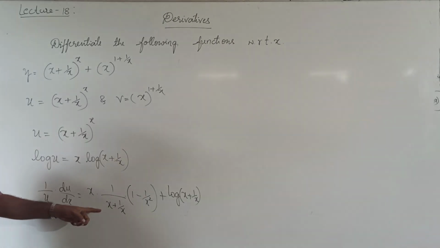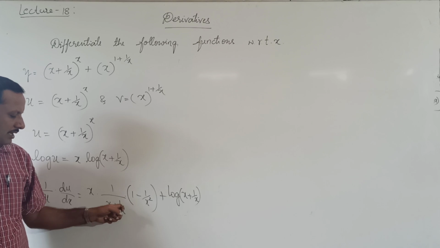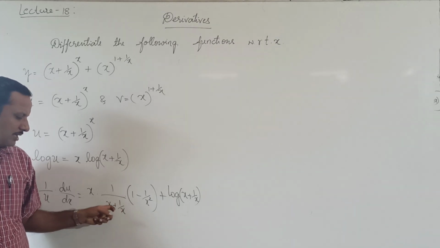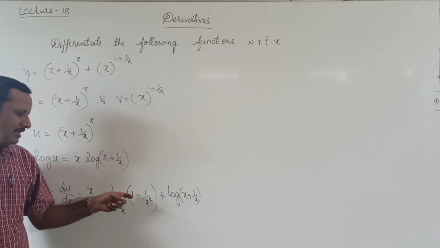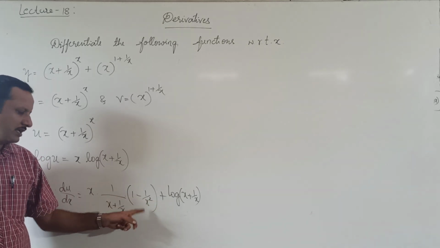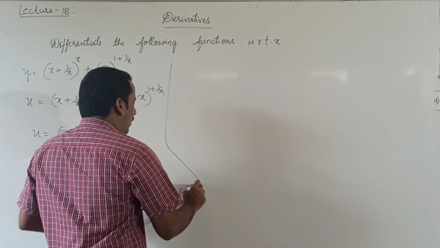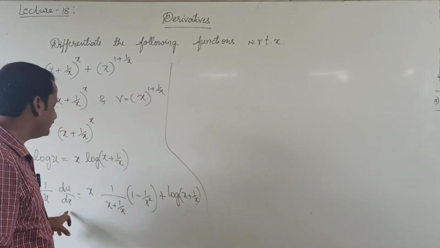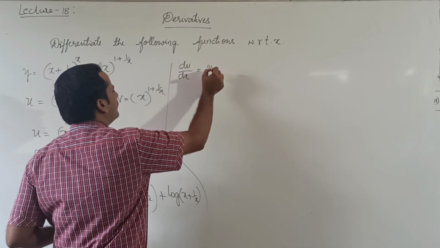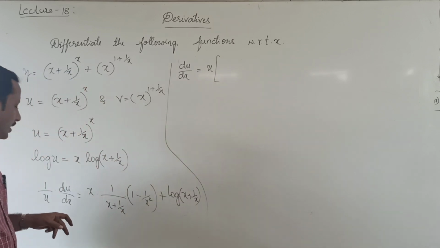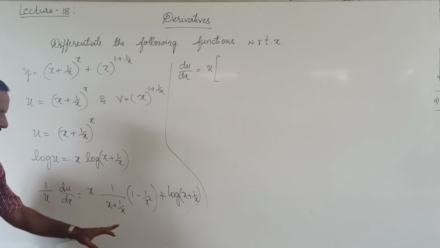Okay, I take the LCM here. x is the LCM, x square plus 1 by x. That will come up by root x square here. Here x square minus 1 by x square. This x square, that x square gets cancelled. So du by dx is equal to u into, here you observe x square plus 1 by x.